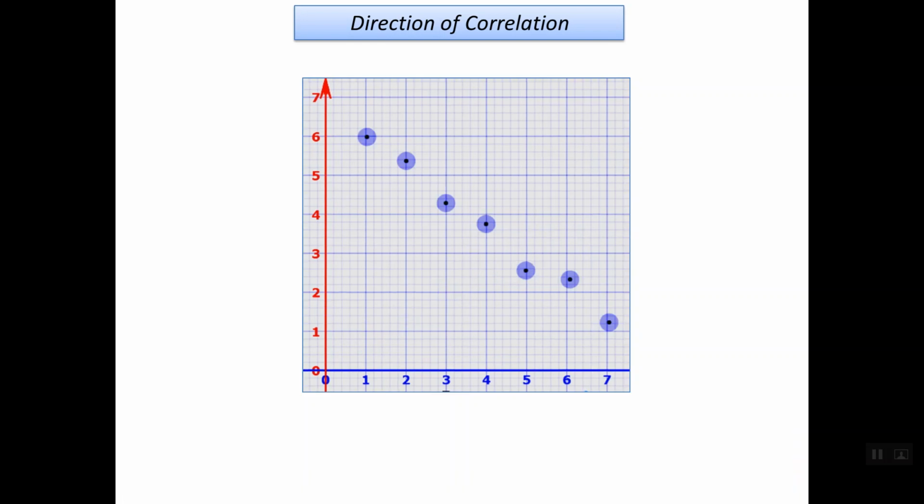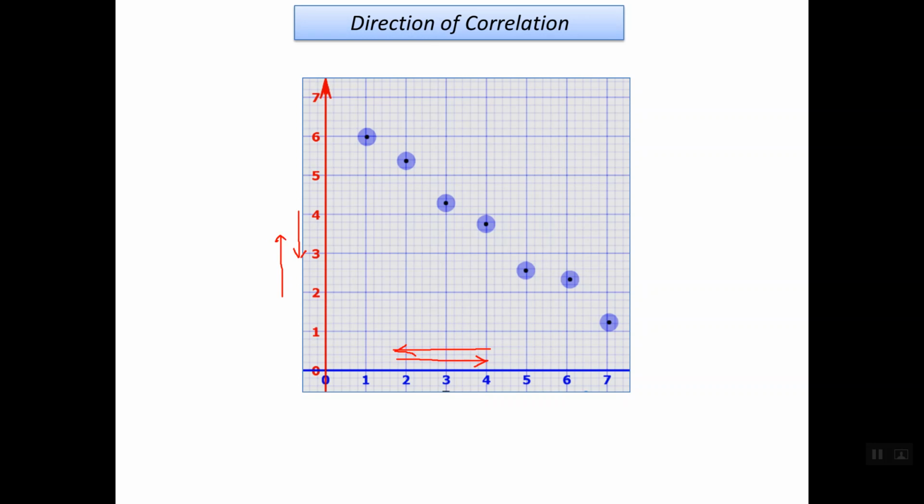Sometimes we have a scatter plot like what we have in this figure. We can understand that as the independent variable increases, the dependent variable decreases, or vice versa. As the independent variable decreases, the dependent variable increases.